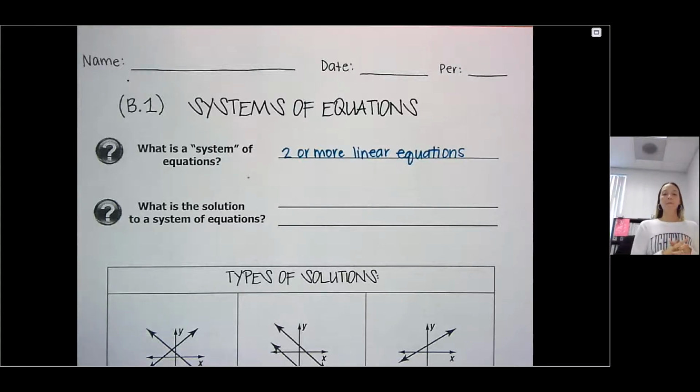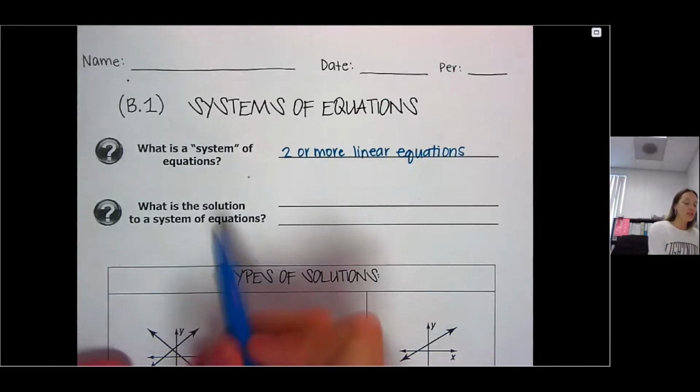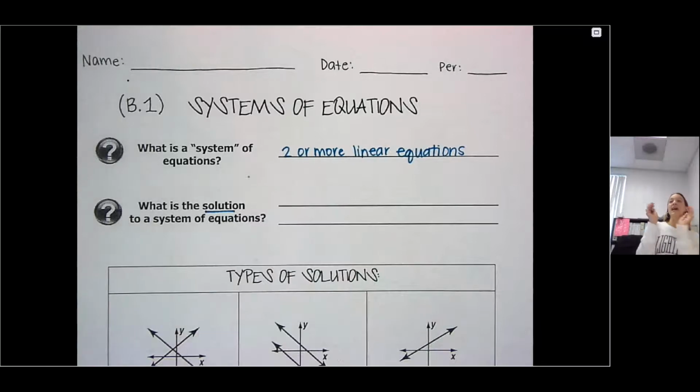Exactly. Okay, now a solution to a system of equations just means the point where your lines are going to intersect one another. And what does intersect mean? It's where they cross each other. So when we look for a solution of a system of equations, it does have to be a point, a point on the graph.